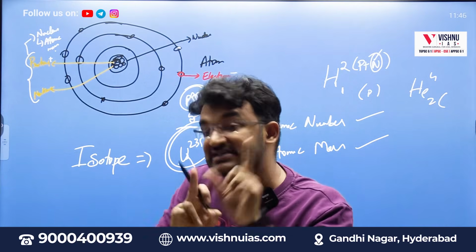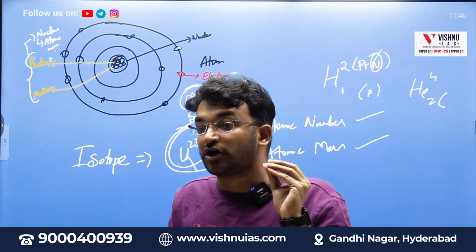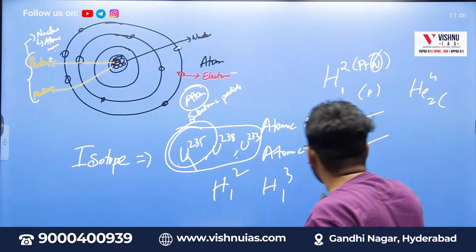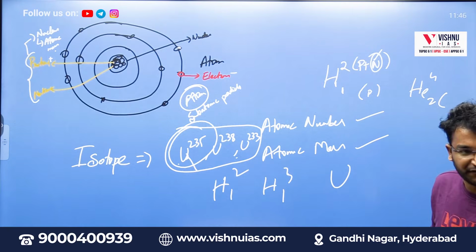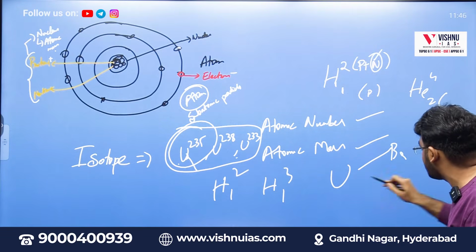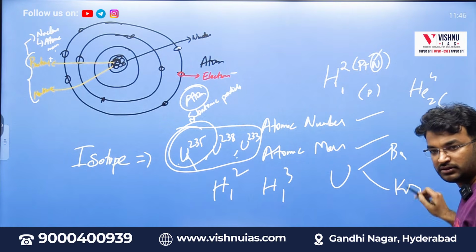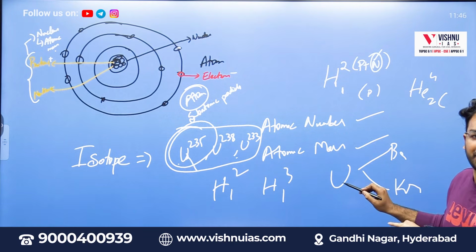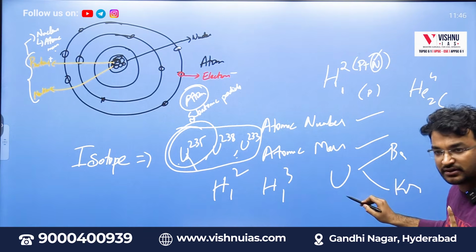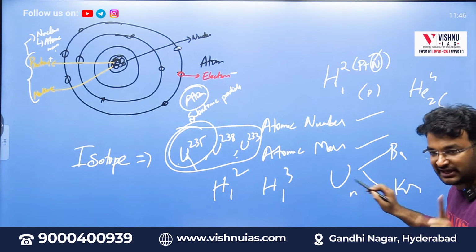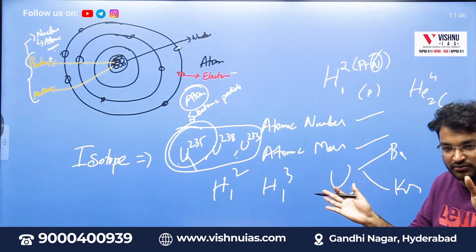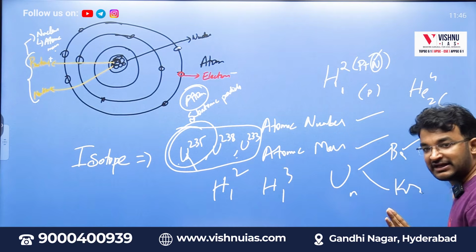Remember, our idea is not to produce two different atoms. When we hit uranium 235, we will get barium and krypton. You don't need to remember these. But along with that, how are we hitting uranium? Using a neutron we are hitting this. Now when we hit, this is broken down into barium and krypton.